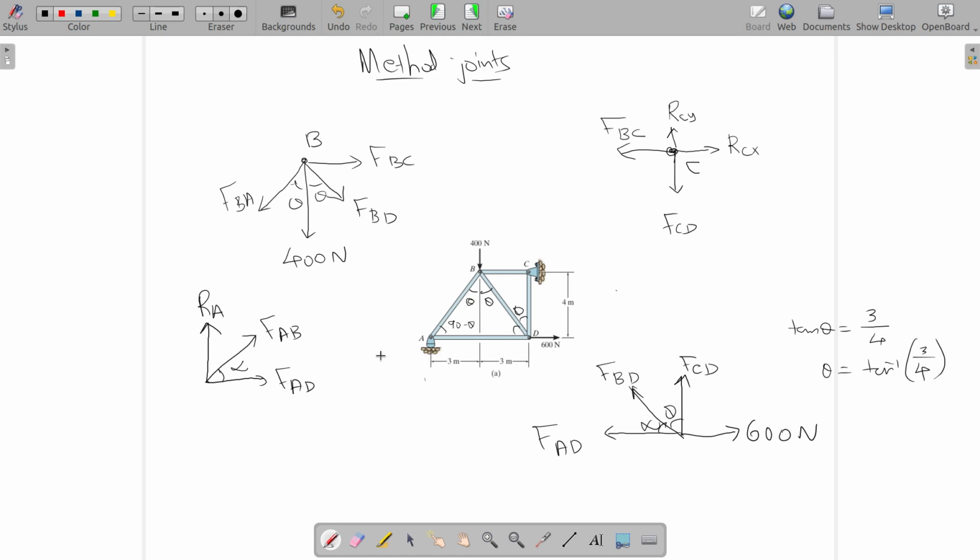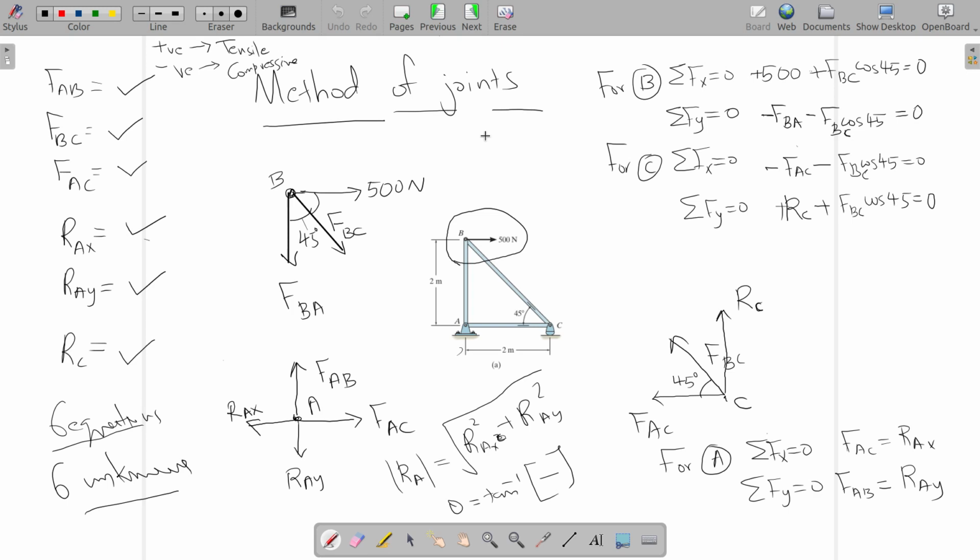So here you can see that unlike the previous problem, in the previous problem we could start with a single equation and go ahead and solve all systems.